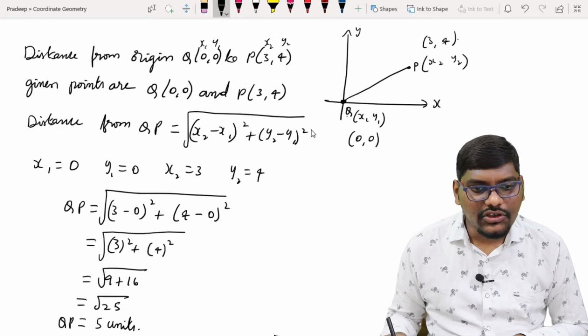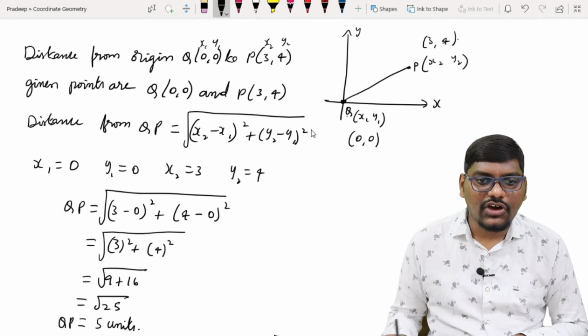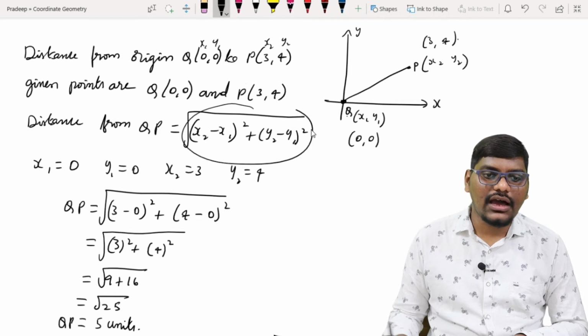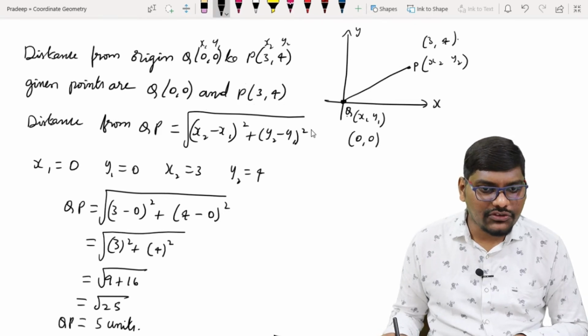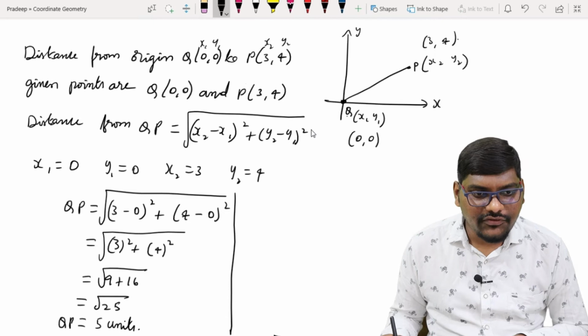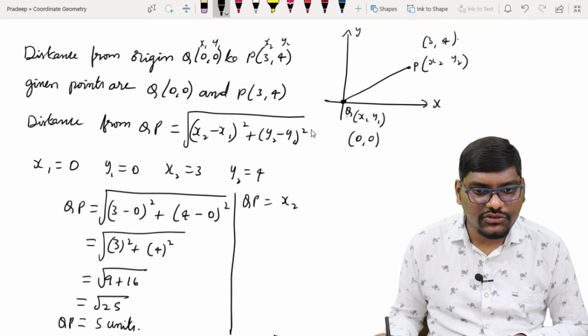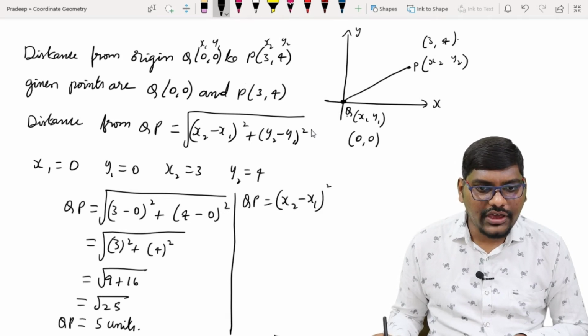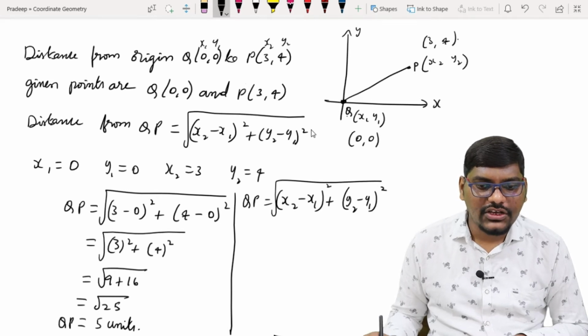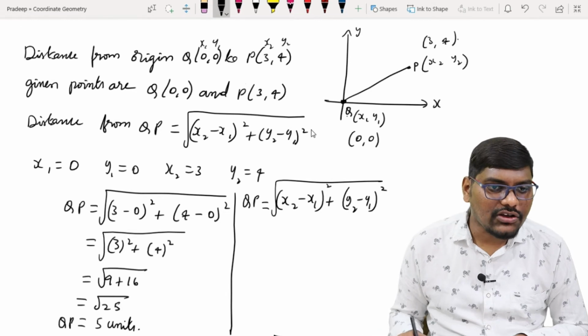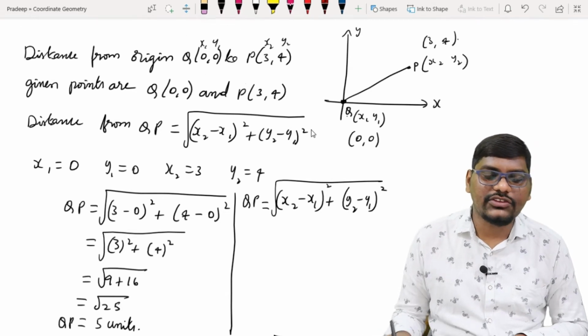Okay, so you might have understood here, before solving this, the same particular formula I can represent in a different form also. I'll show you that. Suppose the formula QP equal to root of (x2 minus x1) whole square plus (y2 minus y1) whole square is the formula, right? The same formula where one coordinate, that is Q coordinate, is (0, 0).